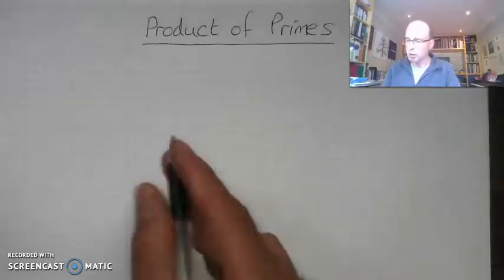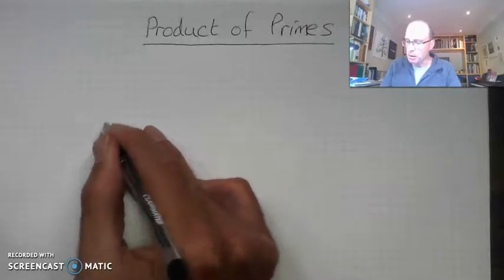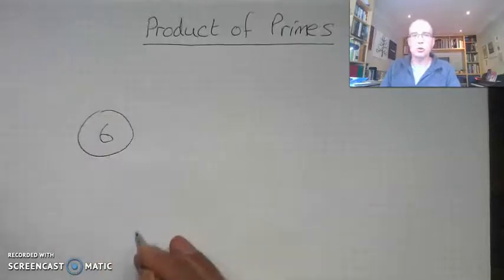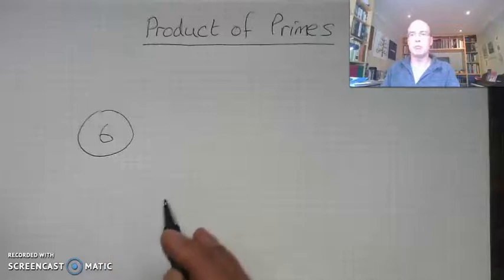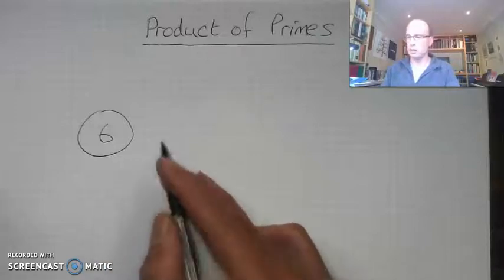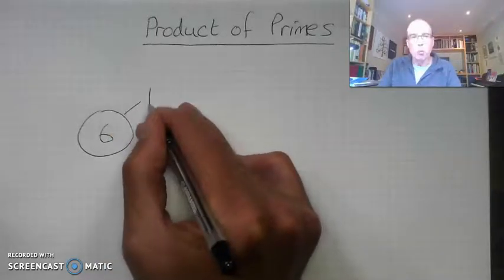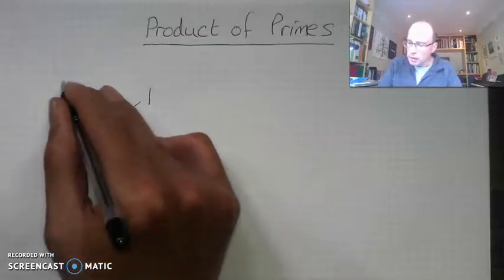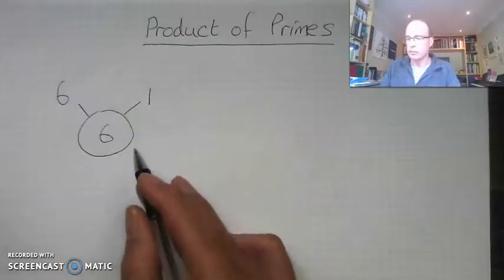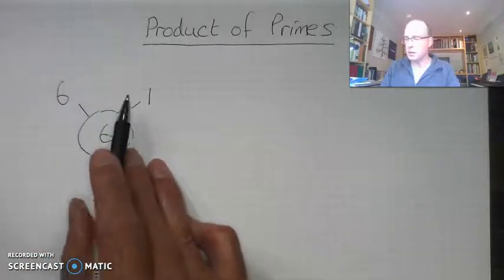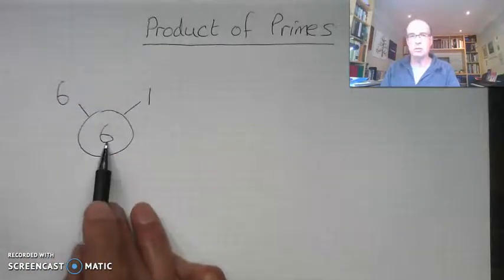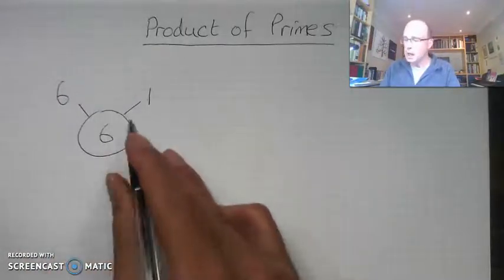I'm going to start off by having a look at the number 6, and I'm going to draw a factor bug for 6. I'm looking for the numbers that divide exactly into 6. Well, I've got 1 and 6 itself. I'm going to write these in pairs, so I've got factor pairs because 1 times 6 is 6, and I'm going to write them in order.